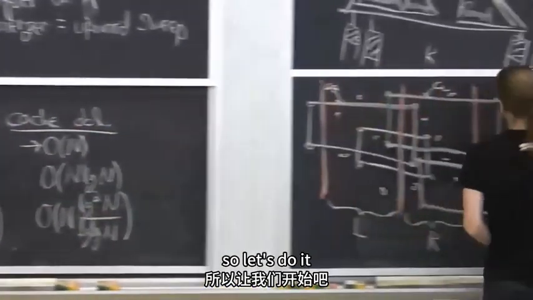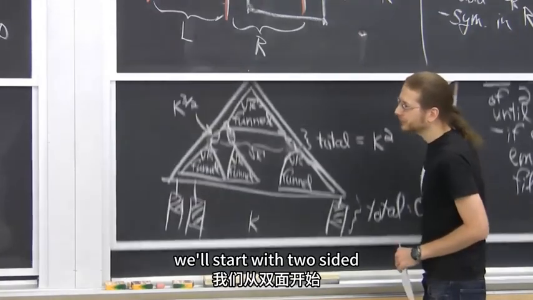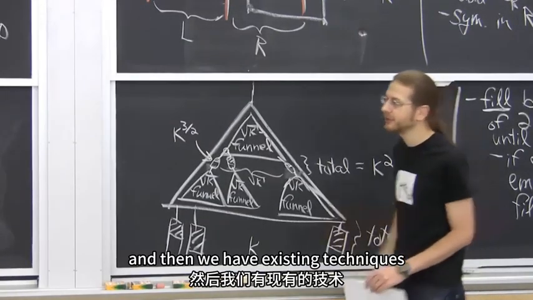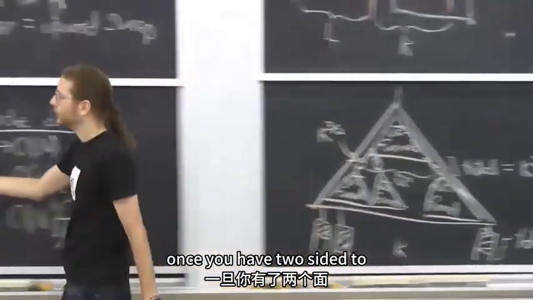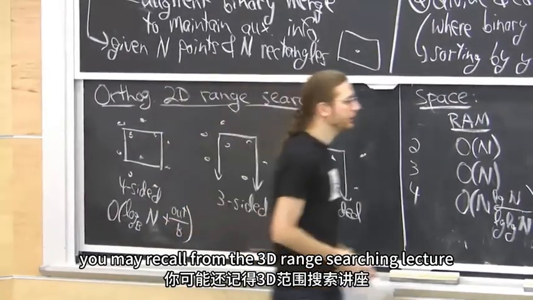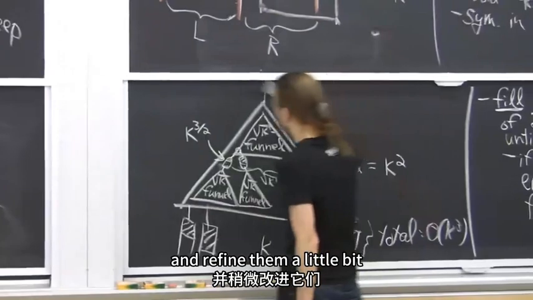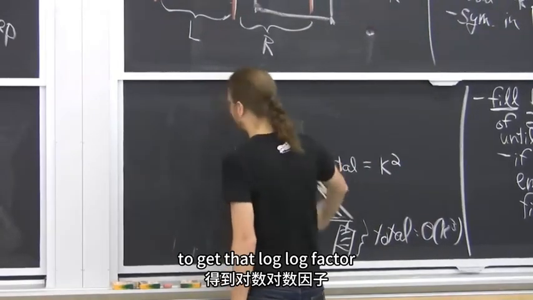So let's do it. We'll start with two-sided, and then we have existing techniques once you have two-sided to add on more sides. You may recall from the 3D range searching lecture. So we're going to use those techniques and refine them a little bit to get that log factor.